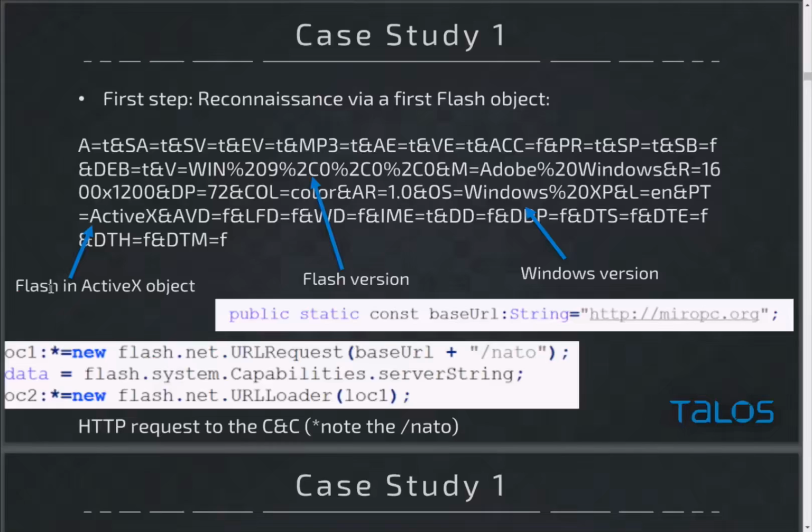Other thing, the attackers get the Flash version. So he's able to provide an exploit that matches perfectly the Flash version of the target. And last thing, the Windows version. So he can have an exploit that matches exactly the Windows version. So the first step of this Flash object is simply to send data from the infected machine.